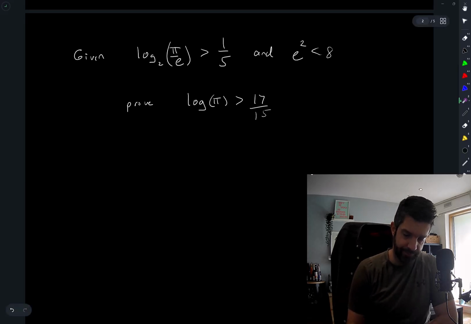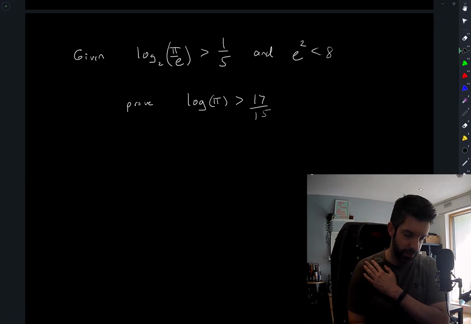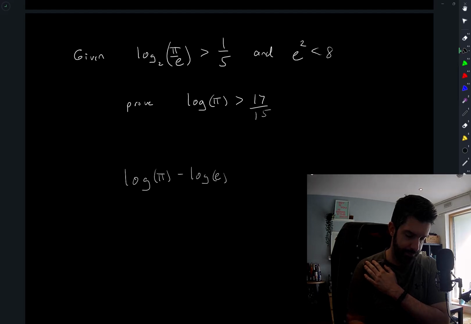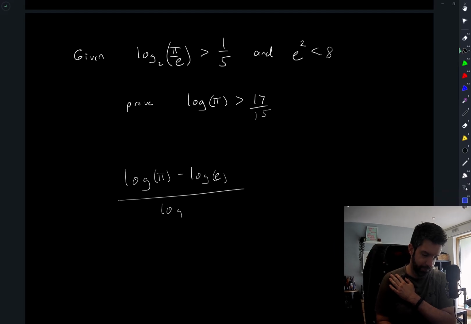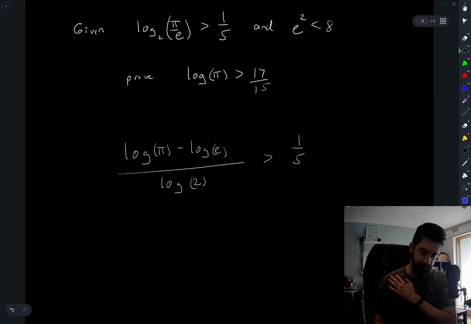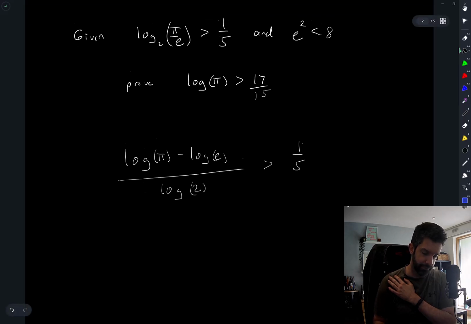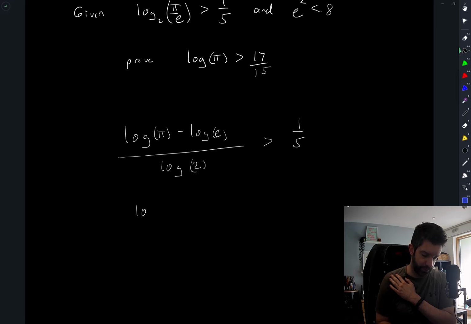Okay. Well, the first inequality says log of pi minus log of e, divided by log of 2, is greater than 1 over 5. That's 1. So maybe we're getting something already. So log of pi minus 1 is greater than the log of 2 divided by 5.